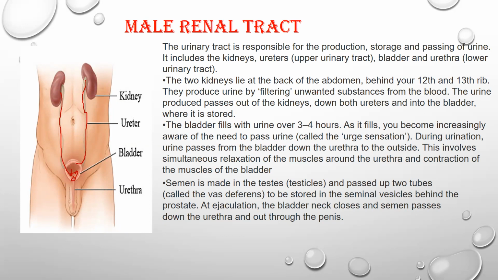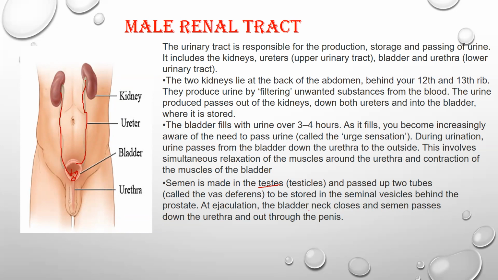The two kidneys lie at the back of the abdomen behind your 12th and 13th rib. They produce urine by filtering unwanted substances from the blood. You can just take a screenshot of that. Then semen is made in the testes, and from the testes it passes up through two tubes called the vas deferens, and is stored in the seminal vesicle, a small gland present between the bladder and the rectum, and behind the prostate also.